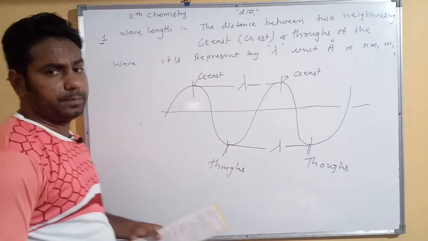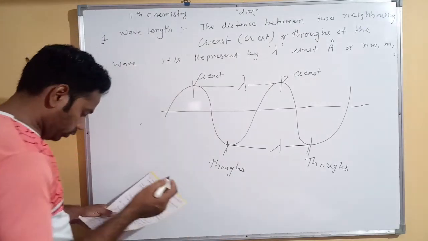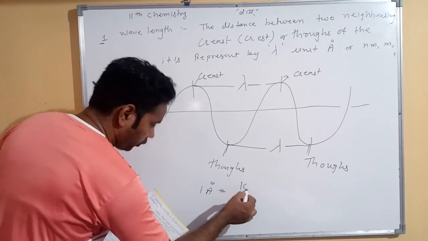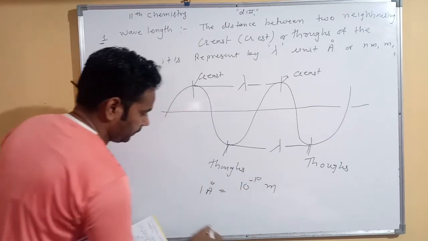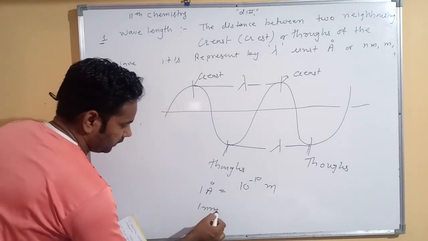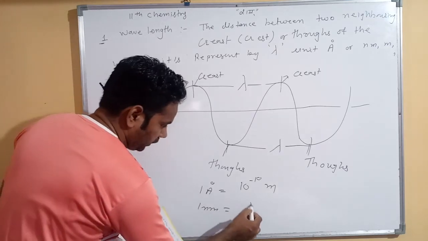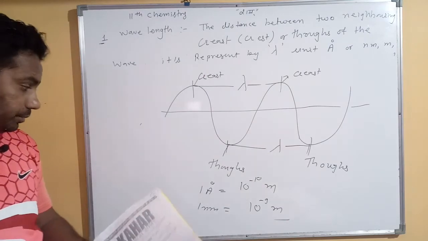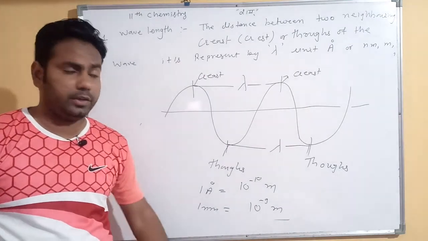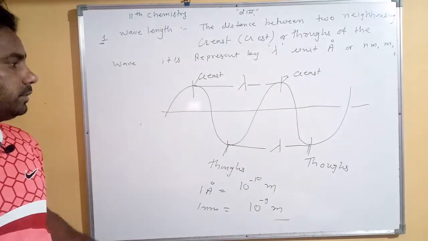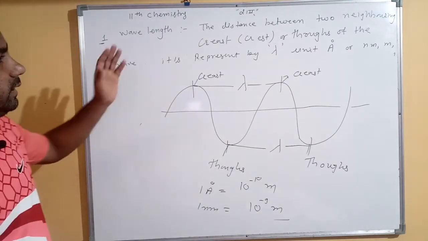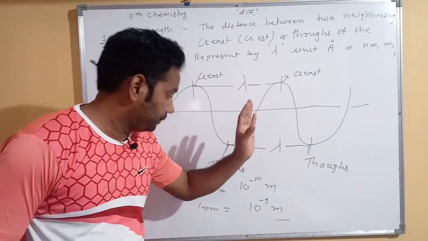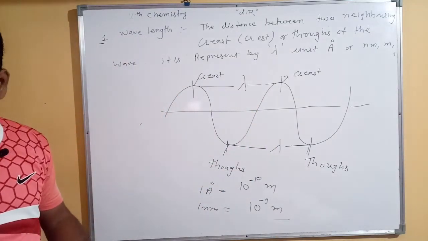So we use maximum times in meter. 1 angstrom is equal to 10 to the power minus 10 meter and 1 nanometer is equal to 10 to the power minus 9 meters. So you please remember this conversion we use in our numericals problems. Okay. So wavelength, the distance between two nearest crest or two nearest trough are called wavelength.